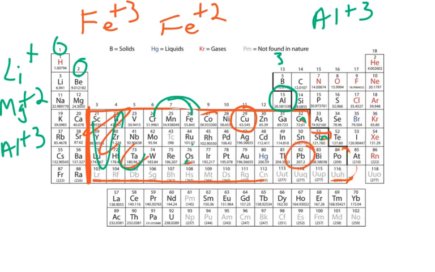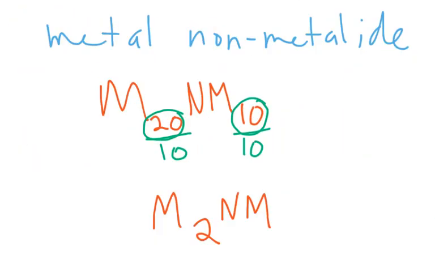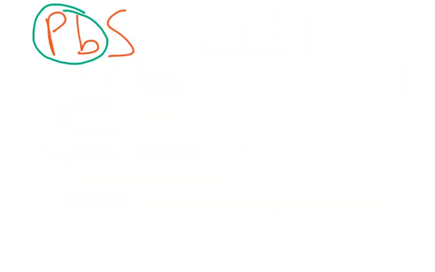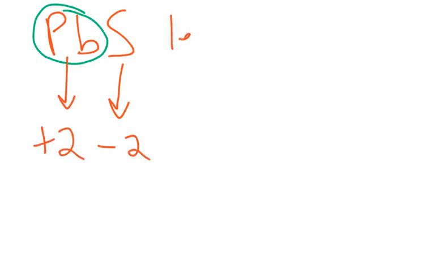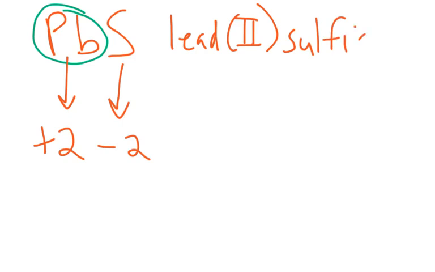It's number 82, so it's in the transition metal area. It's not a D block metal, but it is a transition metal. Okay, sulfur has a -2 charge, which means that this lead must be +2. So this compound must be lead 2 sulfide.